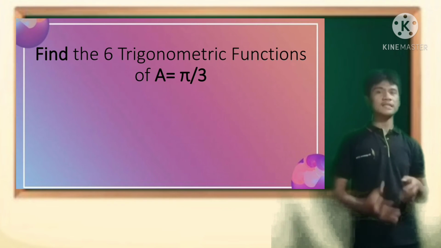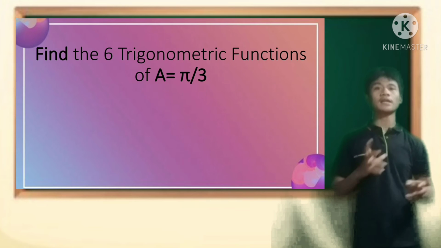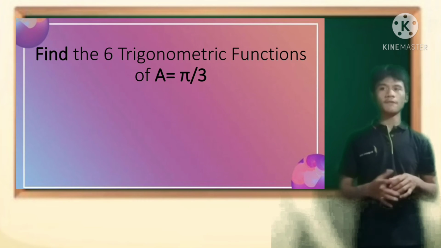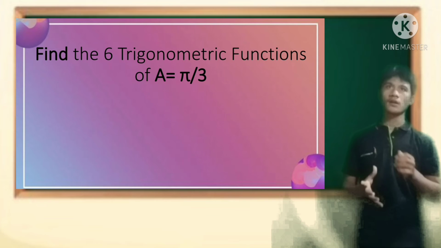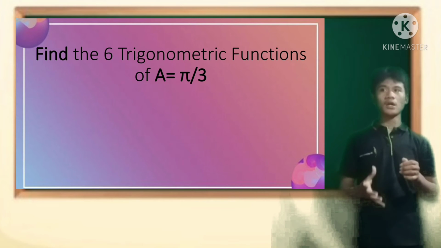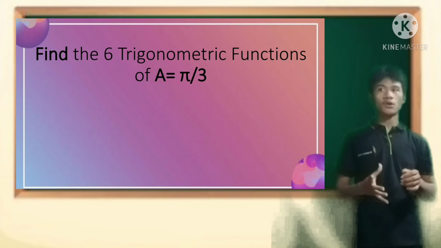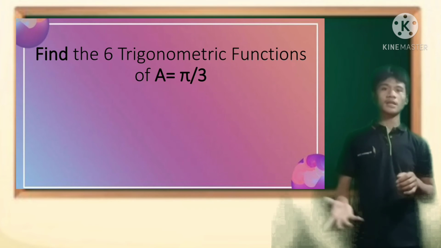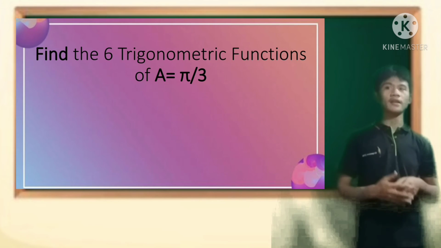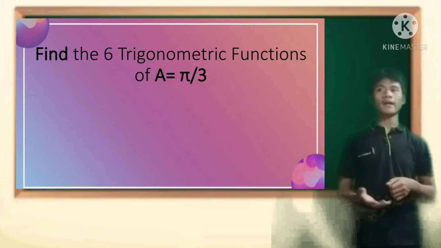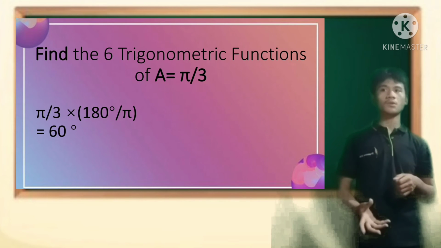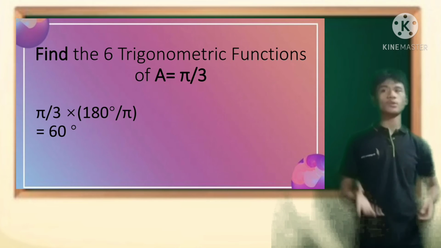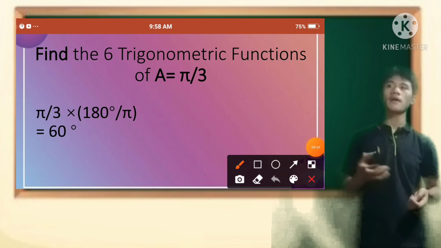So this pi over 3 is in radian form. In order for us to know the equivalent of this given radian form in degrees, we need to multiply it by the formula, which is 180 degrees over pi.